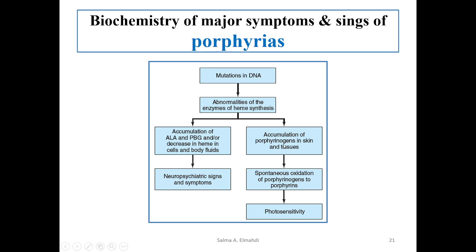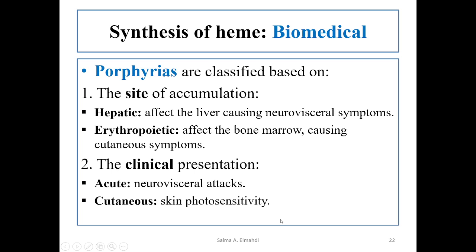While accumulation of porphyrinogens in the skin and tissues will lead to spontaneous oxidation of these compounds, which will lead to photosensitivity in reaction to light, for example, sunlight falling on the skin.